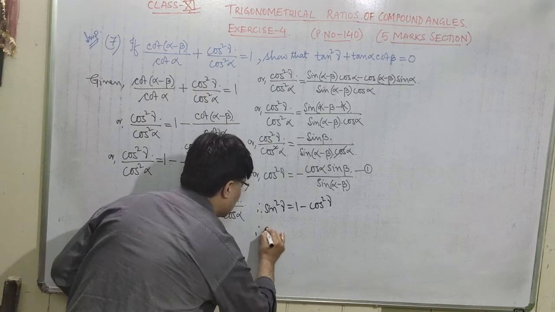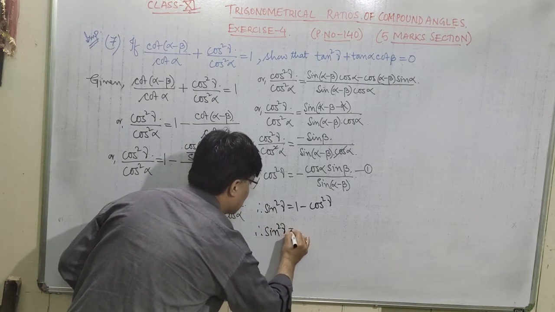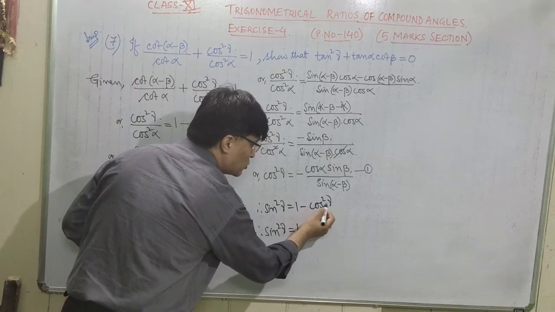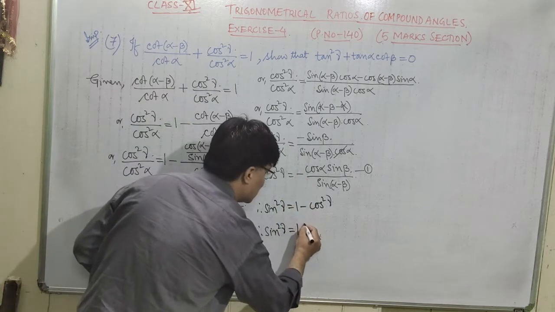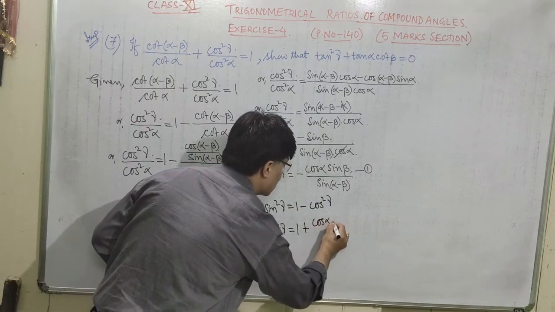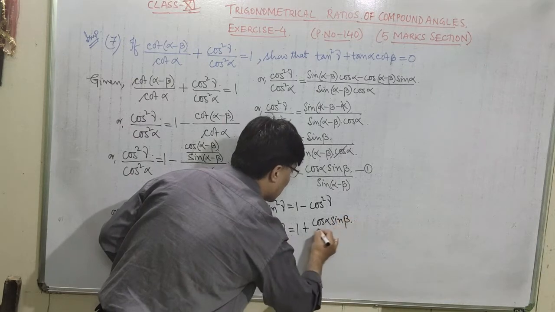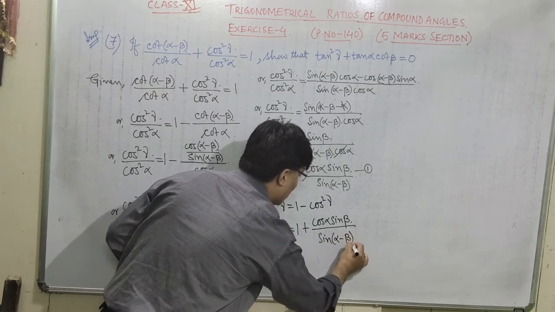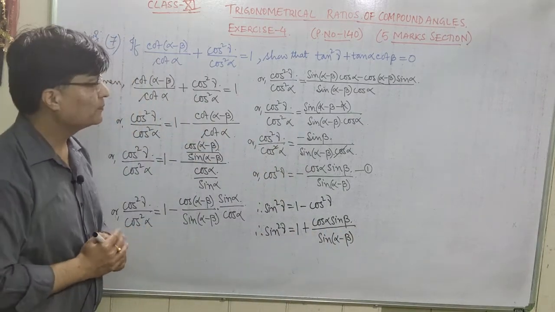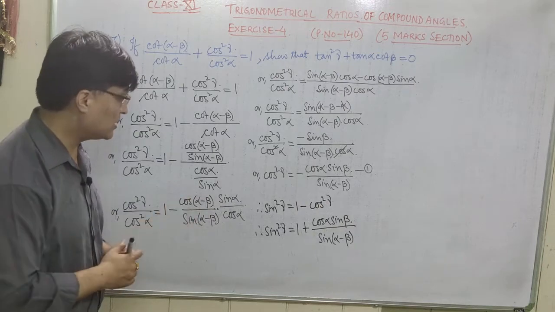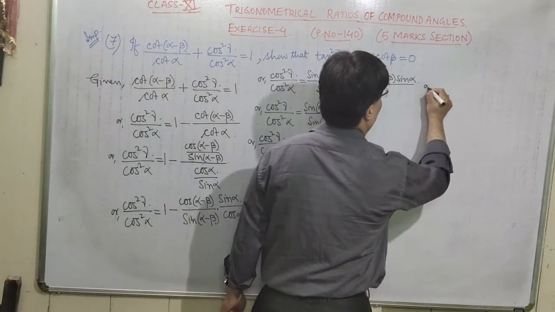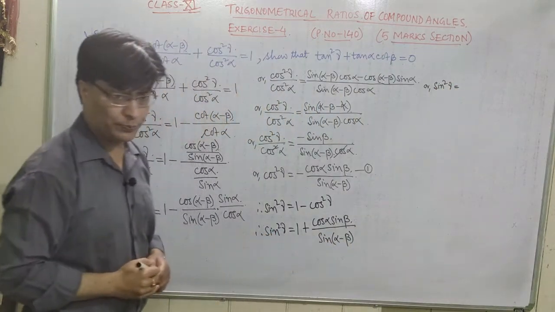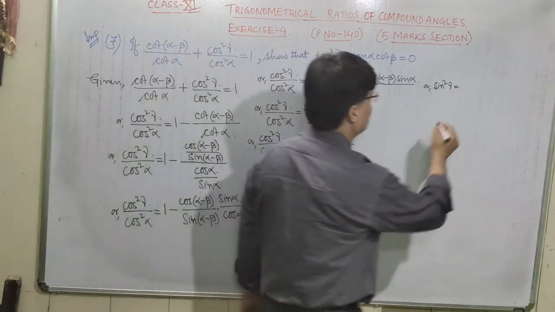So let us keep this left hand side as it is, equal to 1. So you can put the value for cos square gamma here. So minus into minus is plus. This is cos alpha sin beta divided by sine of alpha minus beta. Is that clear now? So let's simplify this right hand side now. Sin square gamma is equal to, so what's the LCM on the right hand side?